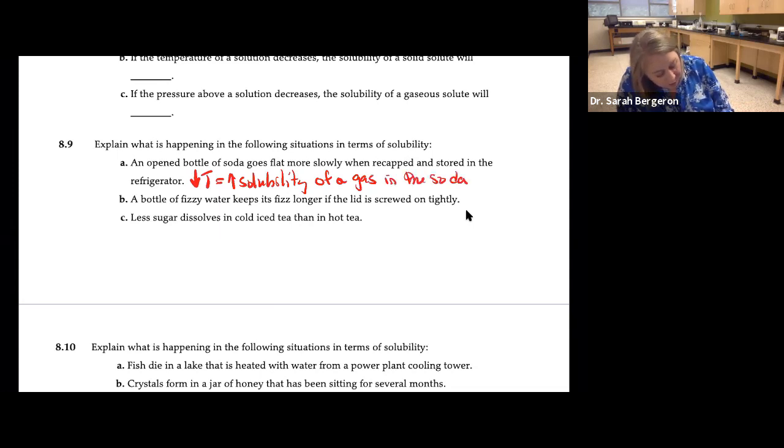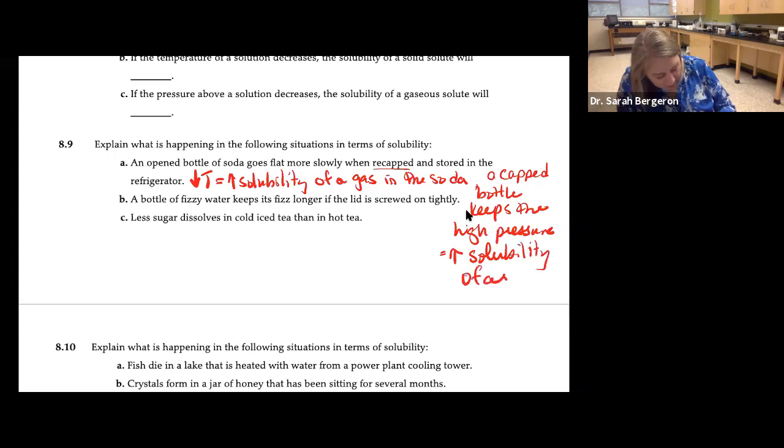And then the other thing you have to talk about is that it was recapped. If you cap the bottle, a capped bottle keeps the high pressure, which will increase the solubility of the gas.